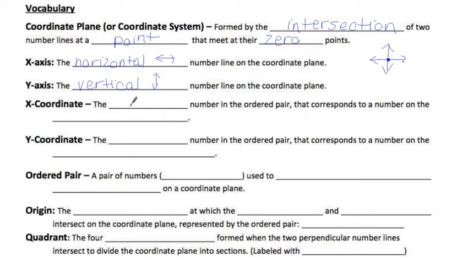So the x-coordinate is the first number in the ordered pair that corresponds to the number on the x-axis. An ordered pair looks like this. The first coordinate is going to be the x.